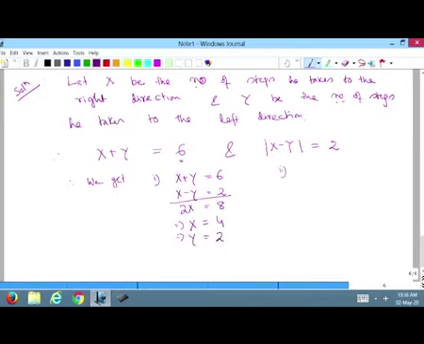And the second set of equations is x plus y is equal to 6, y minus x is equal to 2, implies 2y is equal to 8, implies y is equal to 4, implies x is equal to 2.